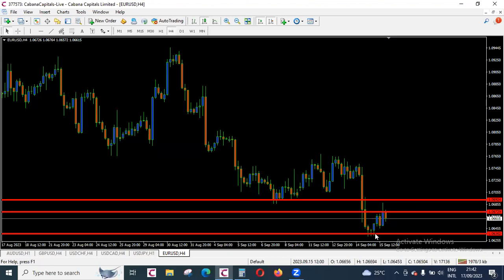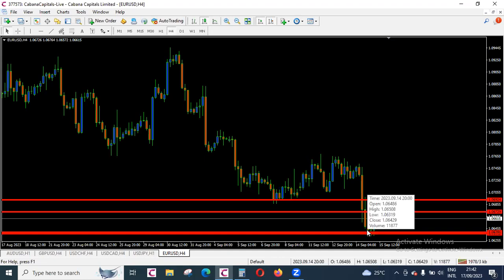And if a candle closes below this support, you could consider selling. Look at the 4 hour time frame. We already have candlestick formation indicating change in trend, right? This is a hammer, a bearish hammer.